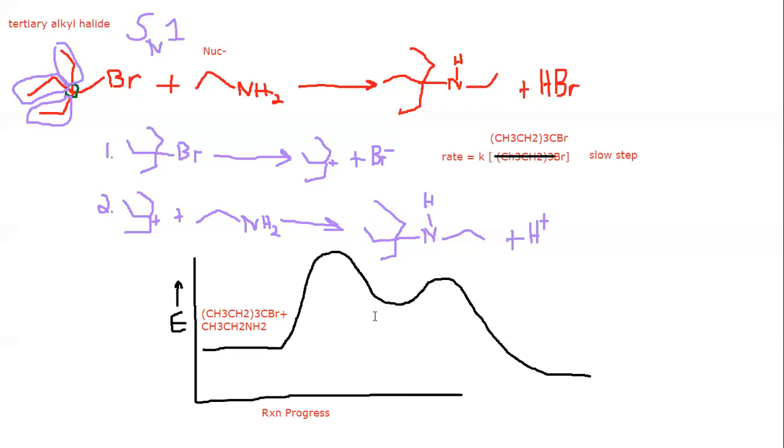Again, in the first energy minimum between the two activation energies, we form our carbocation. And then the carbocation gets attacked by the nucleophile, and then we form our products.